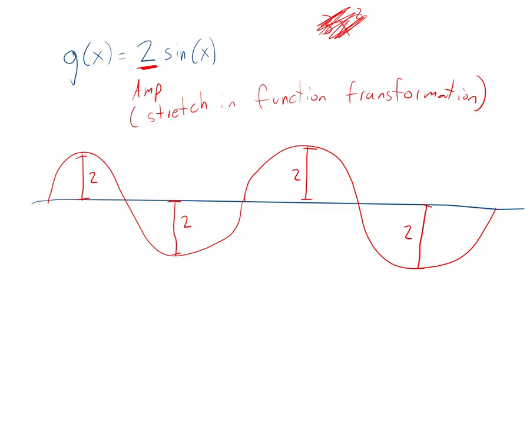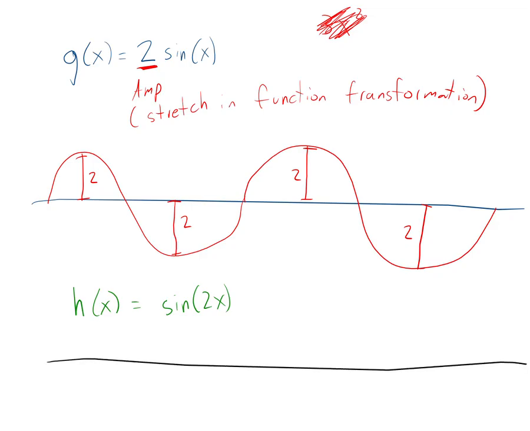Okay? What about something like h of x equals sine of 2x? What happens if we put the 2 inside? Well, once again, we're going to see a change. But the specific change that we're going to see does not happen in the amplitude.